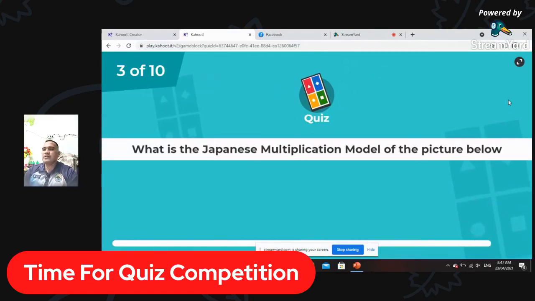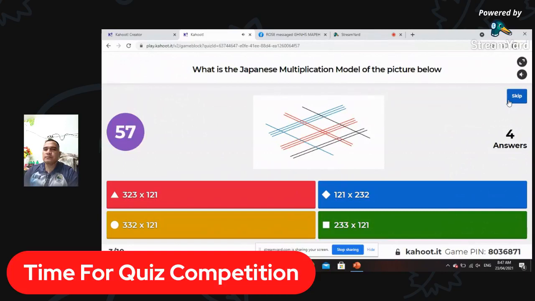What is the Japanese multiplication model of the picture below? Is it 323 times 121?